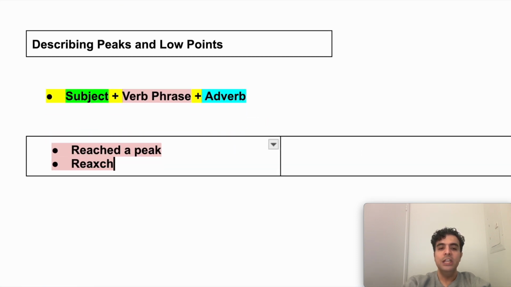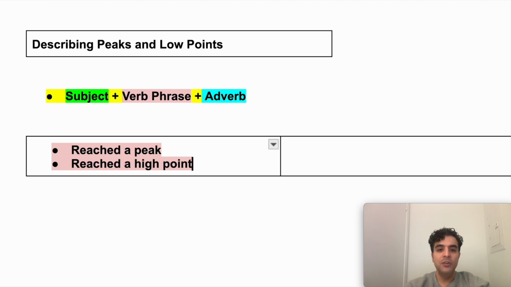We could say it reached, and I'm using the past tense again because most of the sentences that we'll be writing will be in the past because the data has been collected in the past. The few exceptions are when we're talking about the future. And a lot of the time you can adjust the verbs very easily. So instead of saying the number of students reached a peak, you could simply transform it to the number of students will reach a peak.